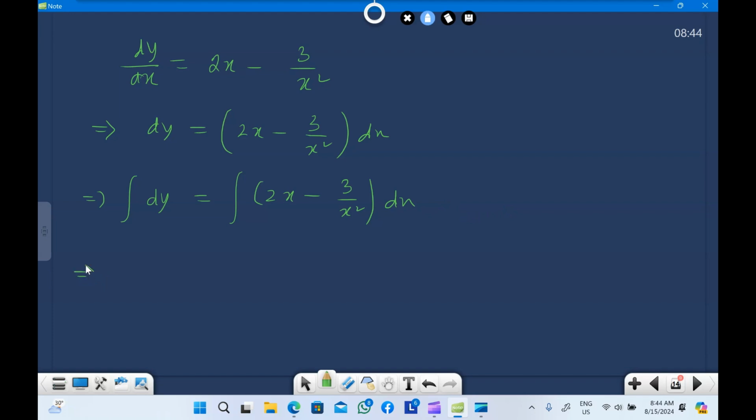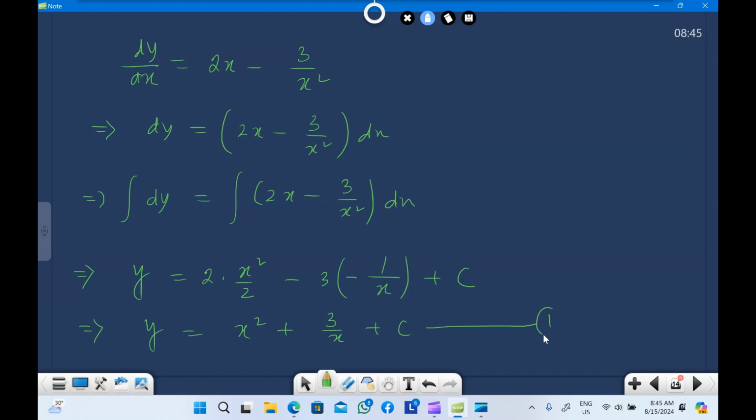This implies y is equal to 2 times the integration of x, which is x square by 2, then minus 3 times the integration of 1 by x square, which is minus 1 by x, and plus constant c. So y is equal to x square, minus minus makes it plus 3 by x, and plus constant of integration c.